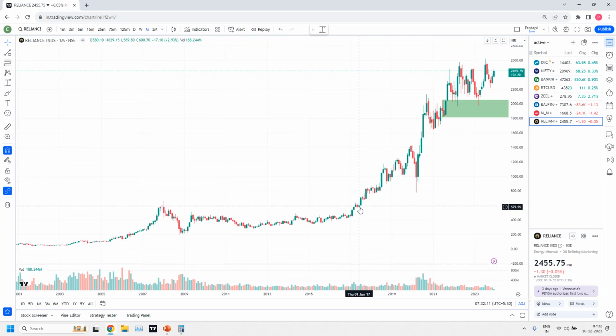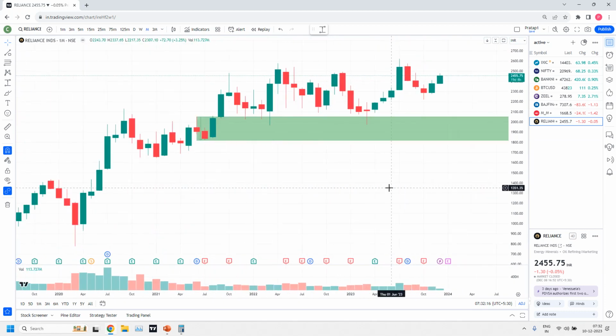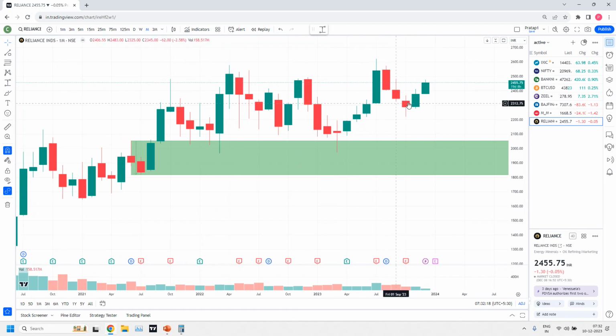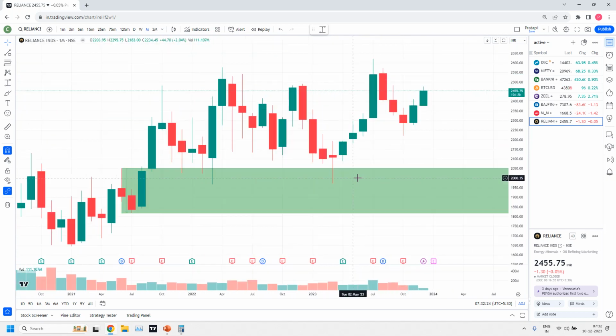Okay, fine. Now what about the supply zone? Where is the supply? Above this demand zone, we only have these candles. Do we have a supply zone here? No. This is an ERC candle, a big candle, so this is not a supply zone.